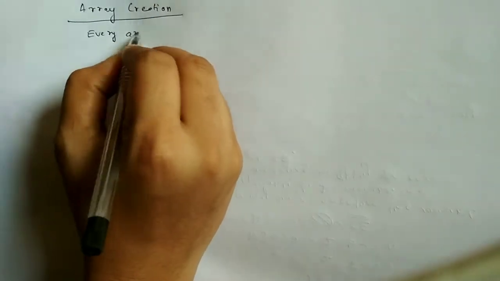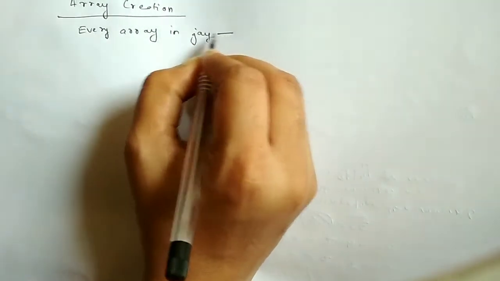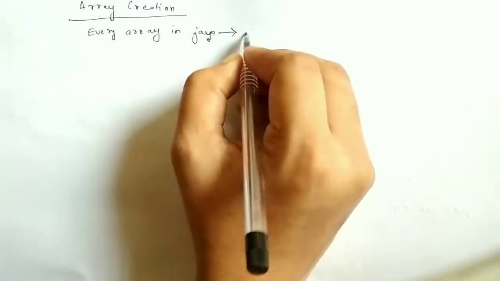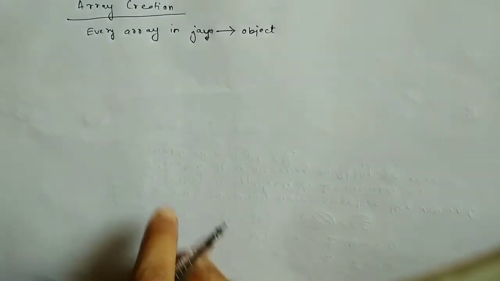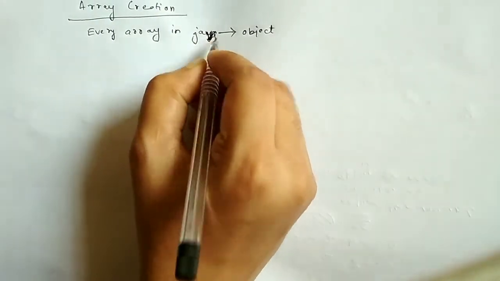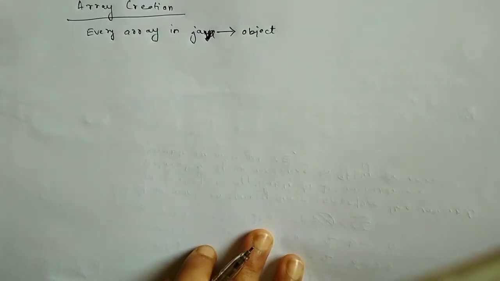In Java, every array acts as an object. So if we want to create any Java array, we have to create the object of that array.